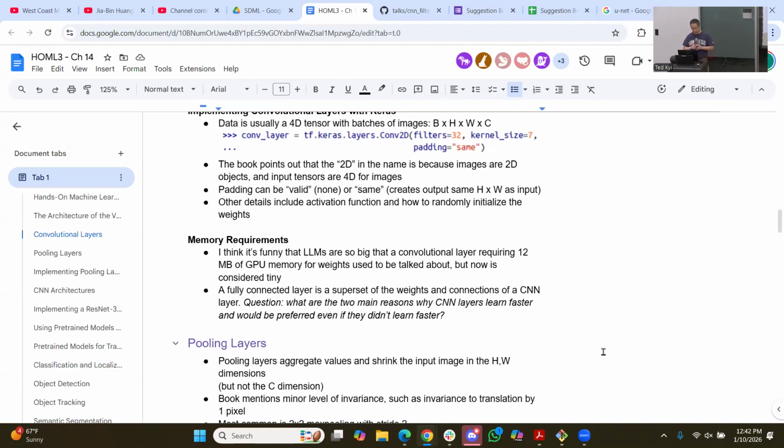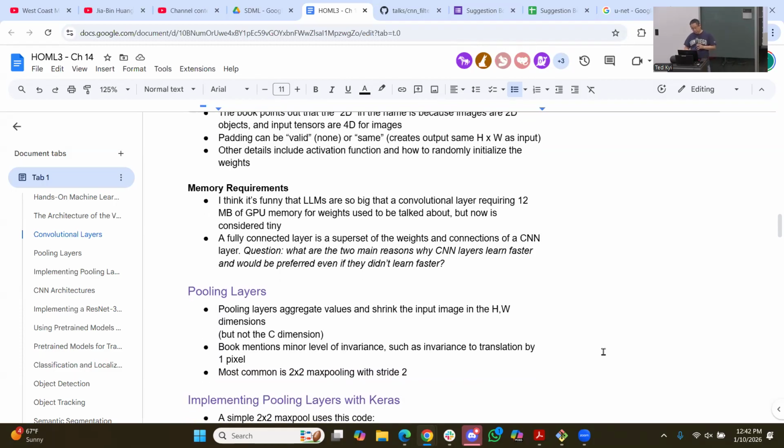All right. So the next section in the book talks about memory requirements, and I find this a little bit funny because when all we had was CNNs as the thing working really well in deep learning, people were like, "Oh my God, I'm running out of memory because these CNNs are so big."